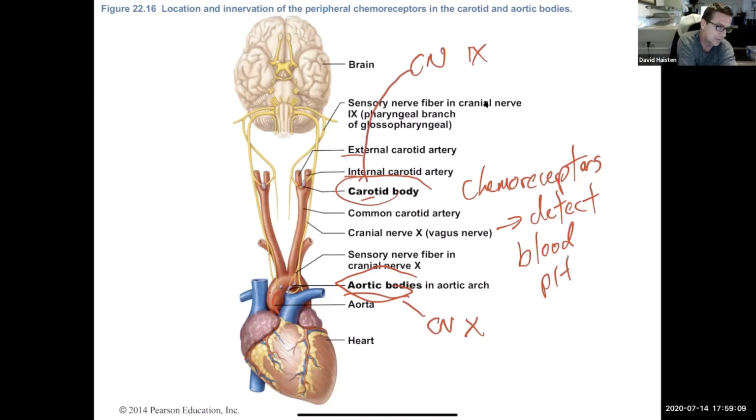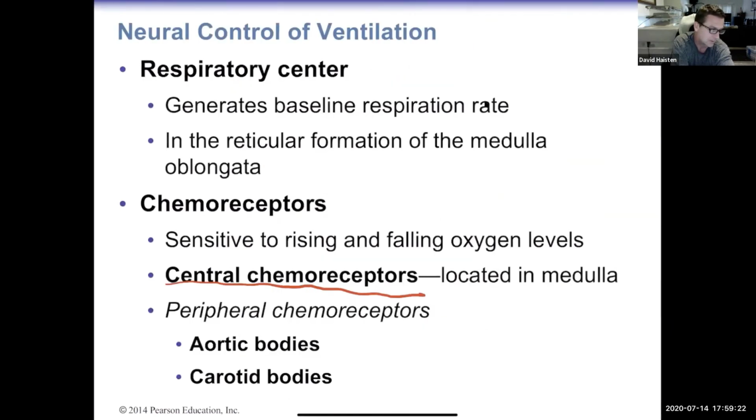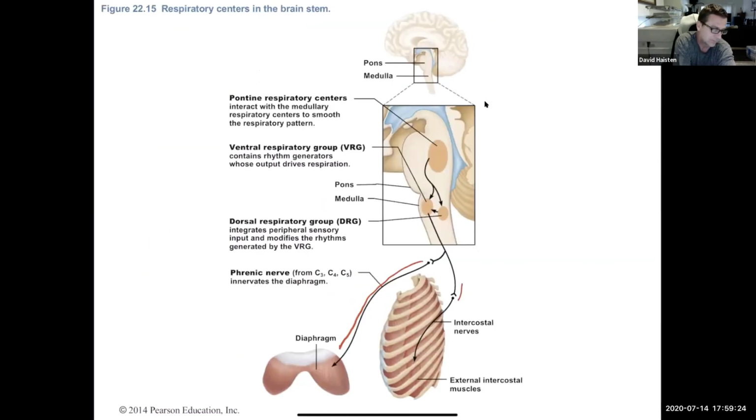So this sensory information is relayed back. And the dorsal respiratory group processes that information and then will adjust the ventral respiratory group's breathing rate. So it sets your breathing rate.